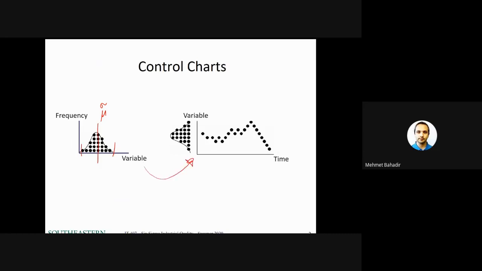This is not a distribution, but this is how it looks if you distribute the data over a period of time. So for example, probably this data is representing this one. Maybe this data is representing this one, and this one is representing that one.